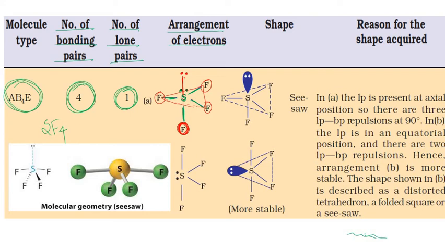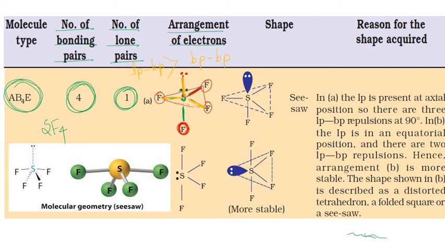If it is present in this manner, then this lone pair will be interacting with this bond pair, okay? Similarly this equatorial bond will also be interacting with this lone pair, and the same holds true for this fluorine atom interacting with this lone pair, because we know that the repulsion between lone pair and bond pair is more when compared with that of a bond pair and bond pair, right?